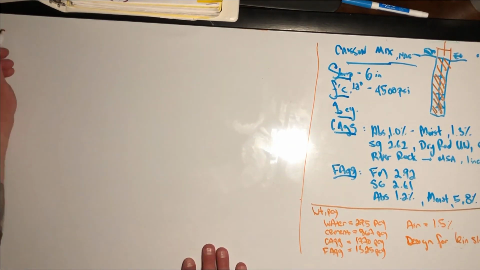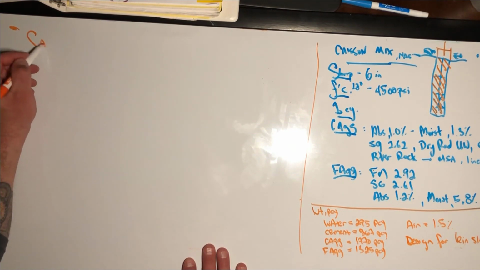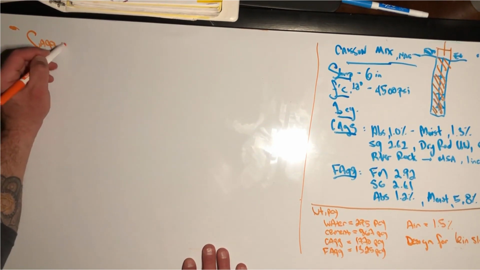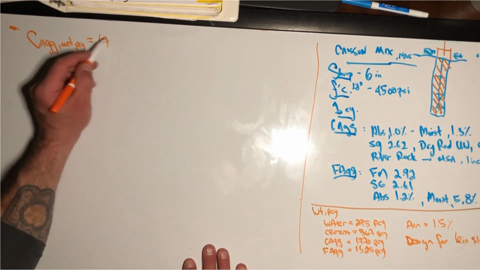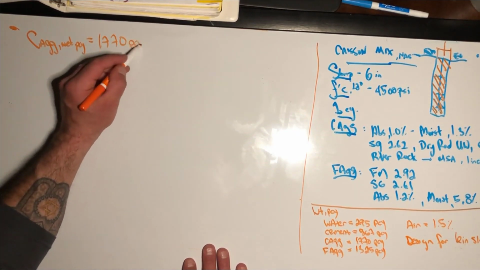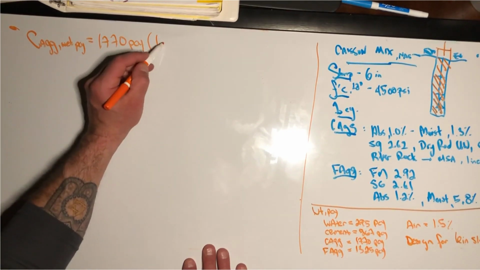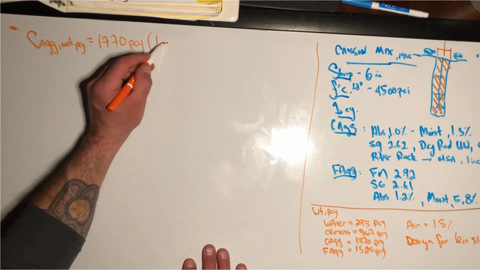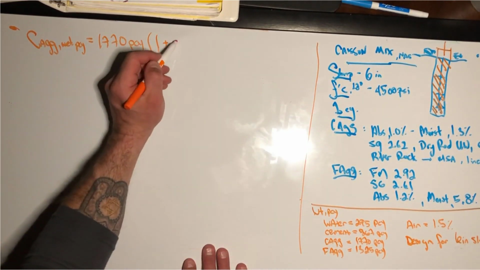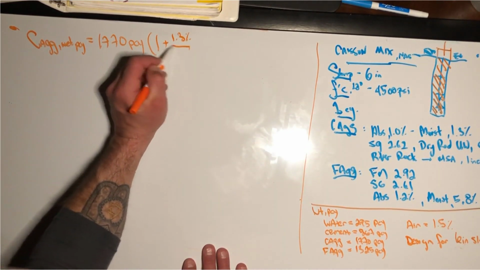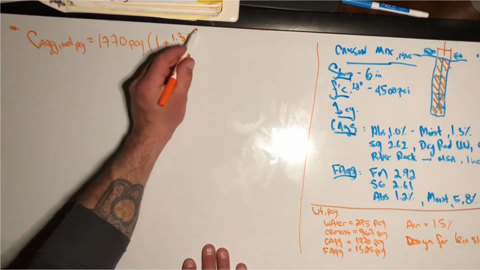So let's go ahead. Coarse aggregate, wet, pounds per cubic yard equals 1770 pounds per cubic yard times 1 plus our moisture, which is 1.3% over 100.